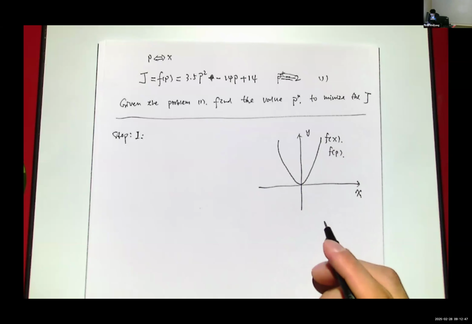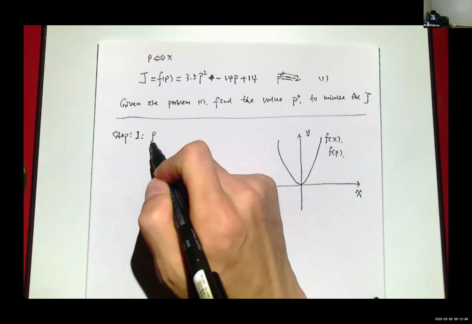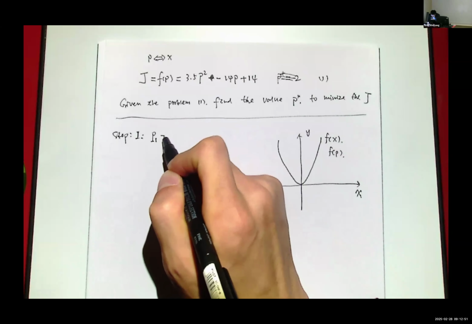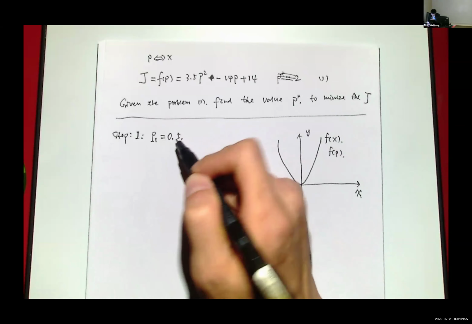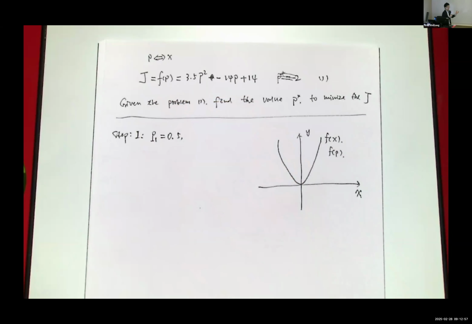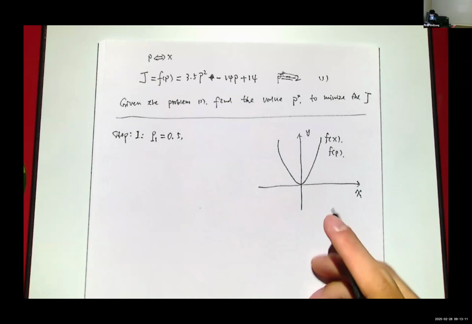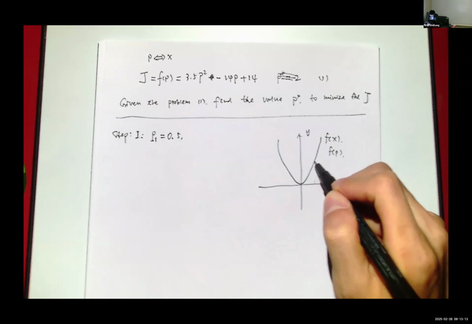So what we can do is set an initial guess, for example P1 equals 0 or 0.5. In the slide, we set the first initial guess to 0.5, because I have no prior knowledge about this one.